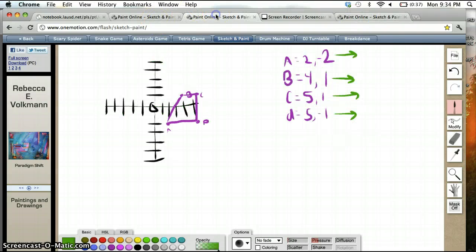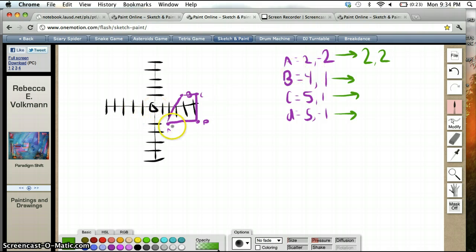So we've got (2, -2). So when you rotate 90 degrees, you actually flip the points. So here we actually don't flip them because they're both the same. So our new point is going to be (2, 2), because here they're the same number, so you don't have to flip them.